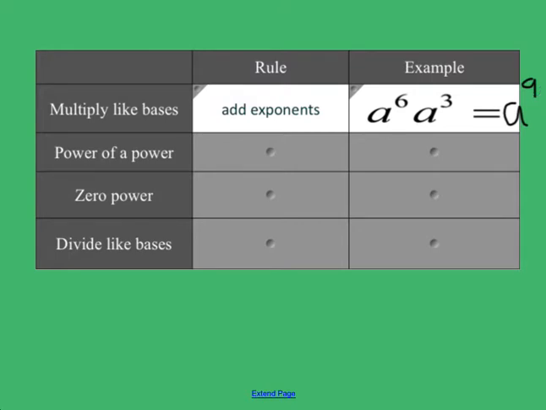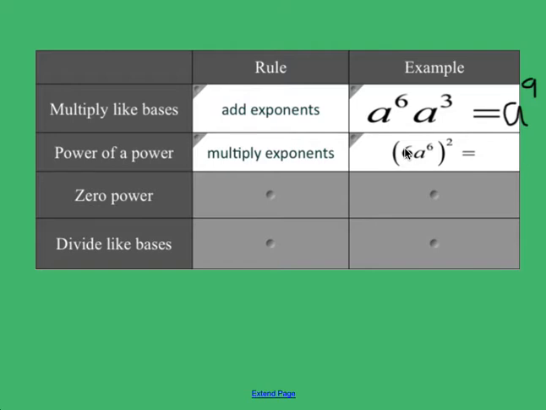Next, let's take a look at doing a power of a power. When we do a power of a power, you're going to multiply your exponents. What you'll notice here is that we have 6 a to the 6th, and all of that is being raised to the second power.